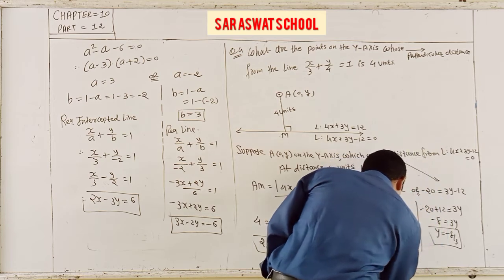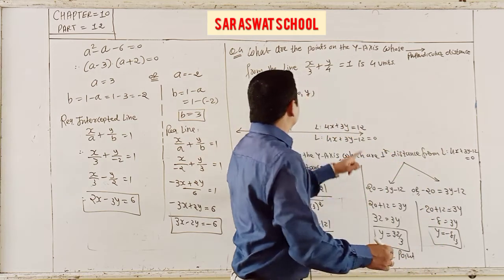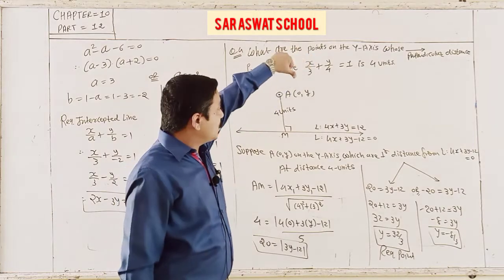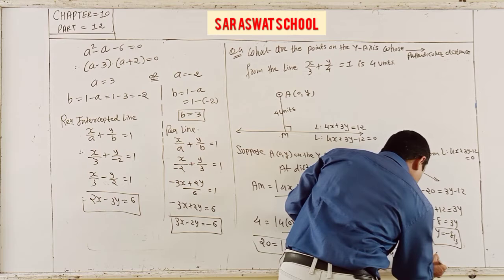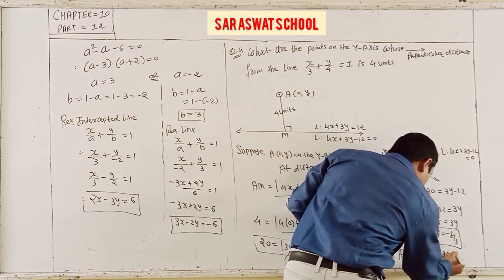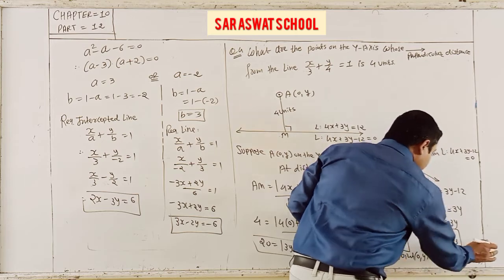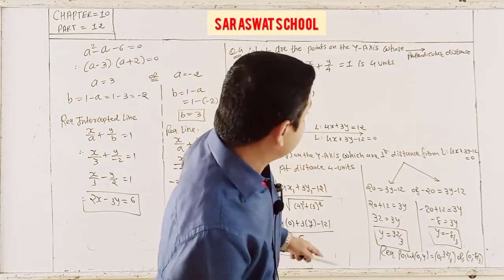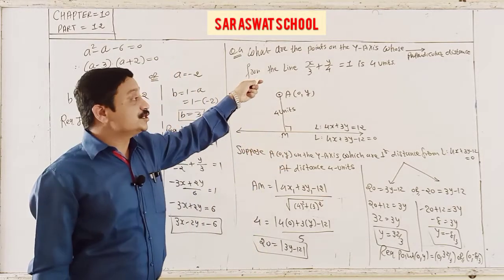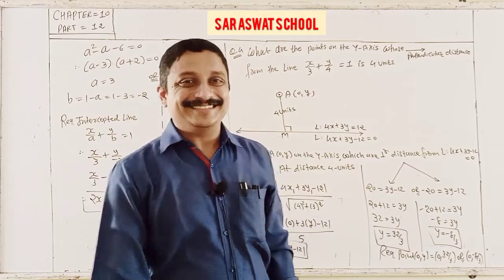It means the required points, asked on the y-axis, 0 comma y, you will write down as 0 comma 32 by 3 or 0 comma minus 8 by 3. And here students, easily you can write your answer for the fourth one: the points on the y-axis are these two.